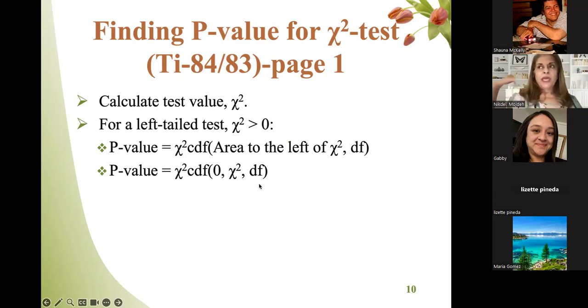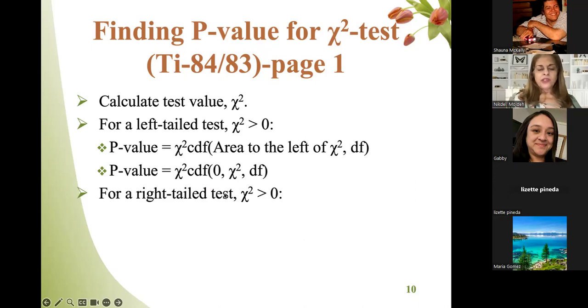Remember, area of the left tail, we do not have negative infinity because our curve is a positively skewed curve. It starts from 0. So our left bound is 0 for an area of the left tail.